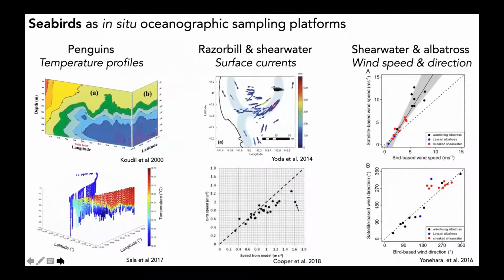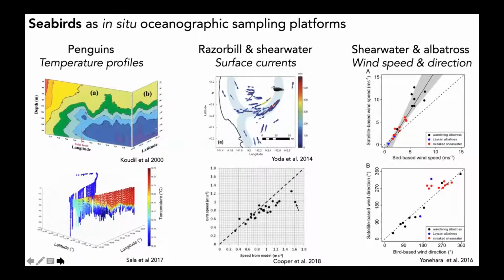So, tags deployed on penguins to get data analogous to the data set from the seals I was just mentioning: temperature profiles along their foraging tracks.